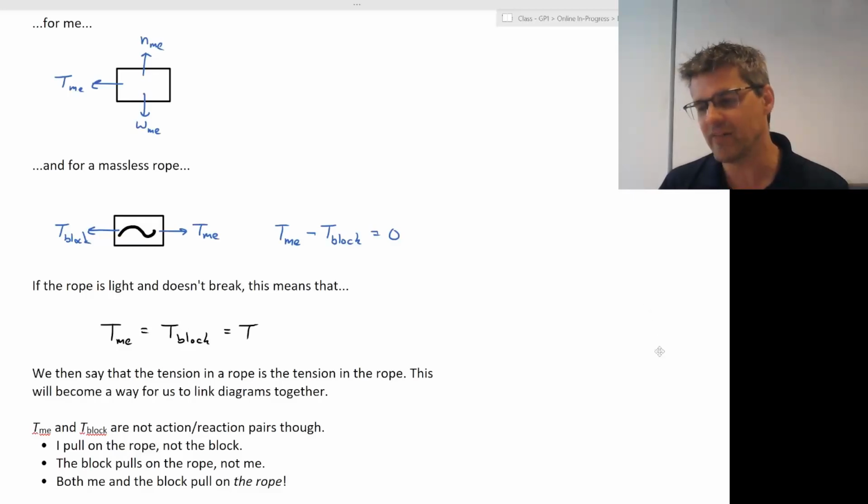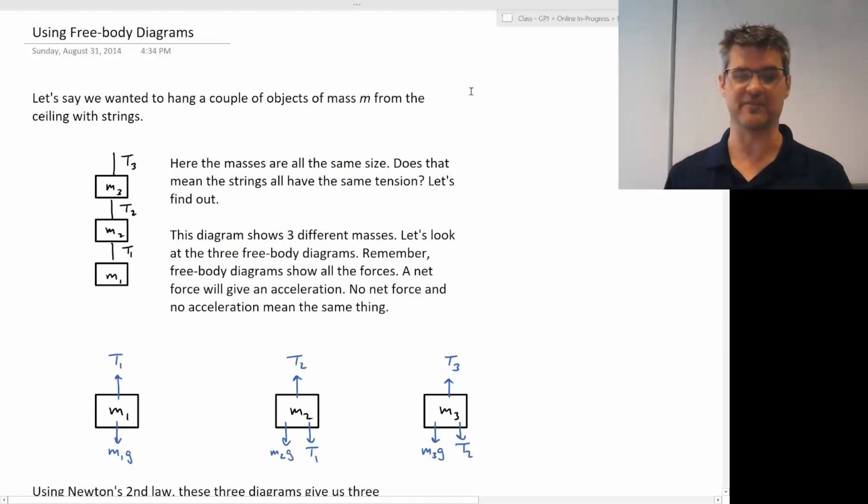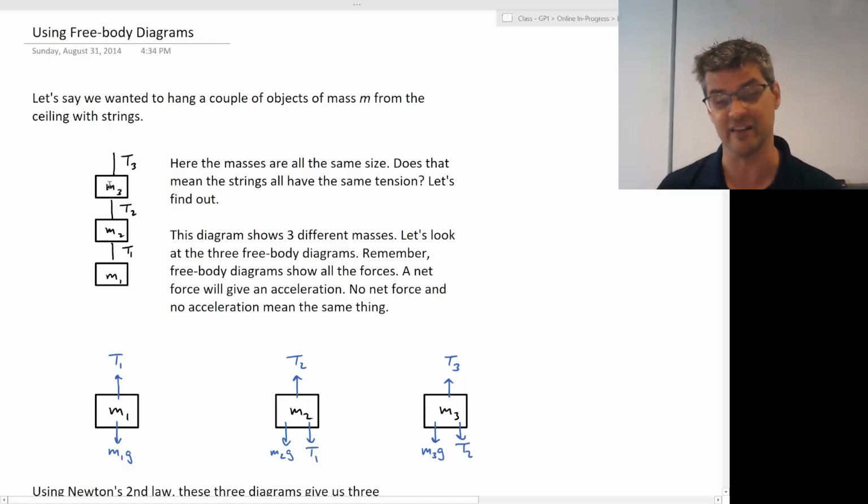Now, we also have a fair amount of flexibility when working with free body diagrams. Let's say I had a bunch of masses hung from the ceiling, and each of these masses hangs from its own string, which means that while we have 1, 2, 3 masses listed here, we have 1, 2, 3 different and unique strings as well, which tells us that there's a possibility of 1, 2, 3 different tensions in each of these strings.